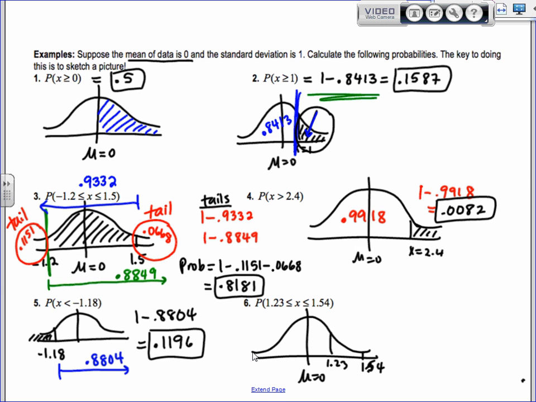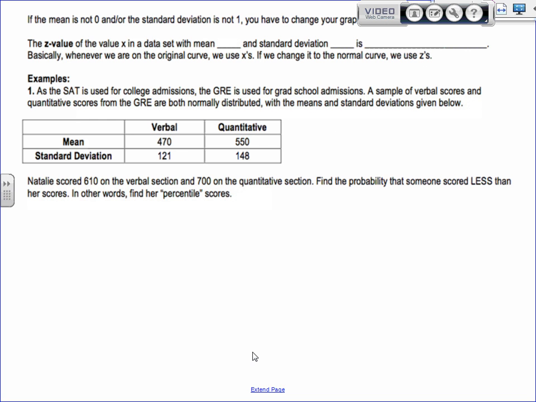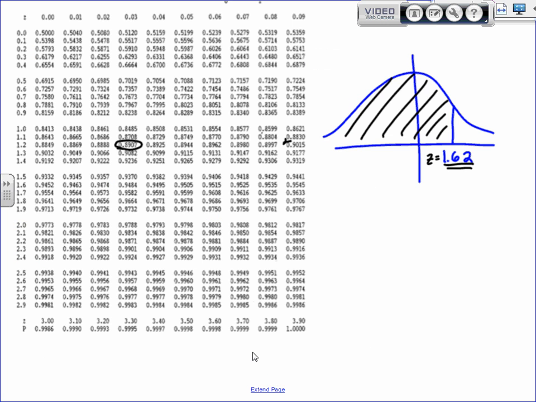Just decide if it's more or less. So we have 0.8907, that's this portion. Now we want to do 1.54. When I look that up, that's even more, right? So 1.54 is going to be 0.9382.